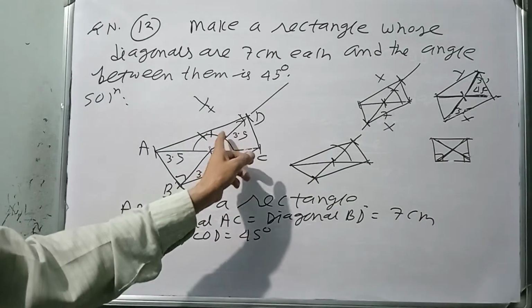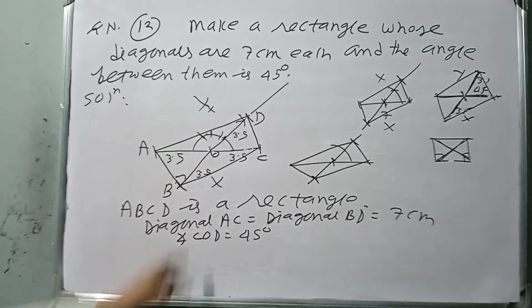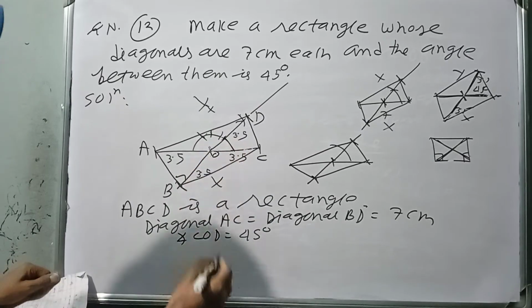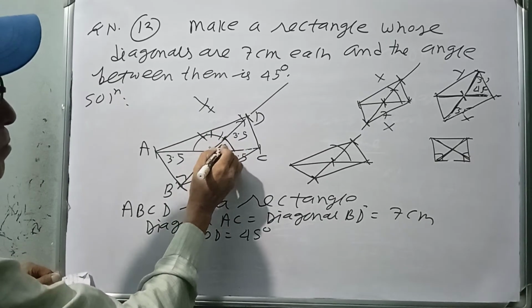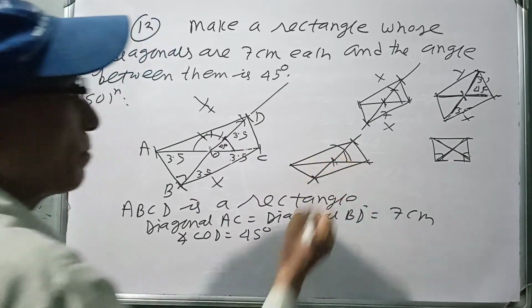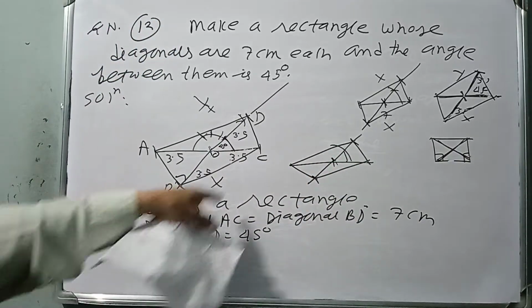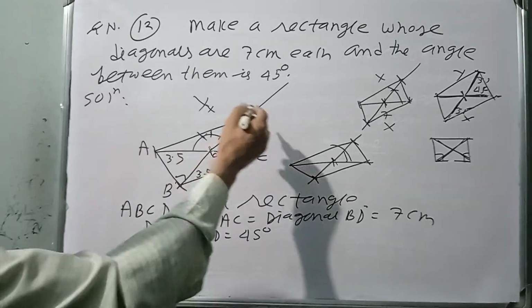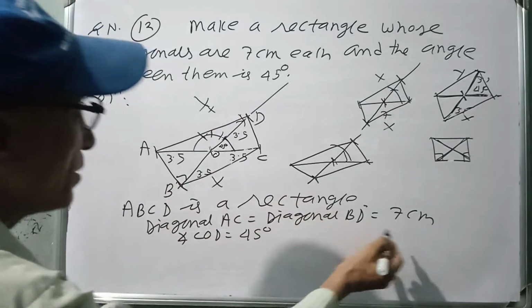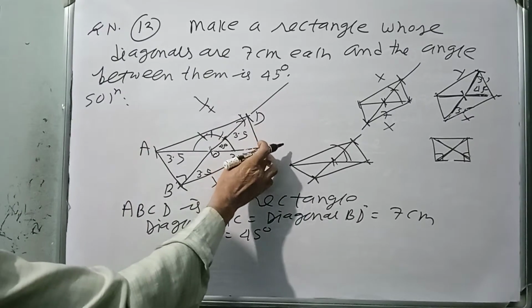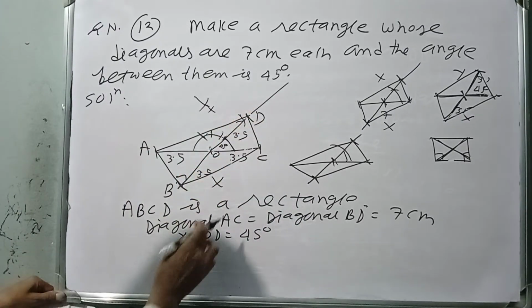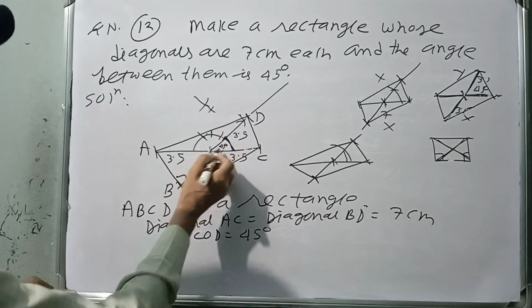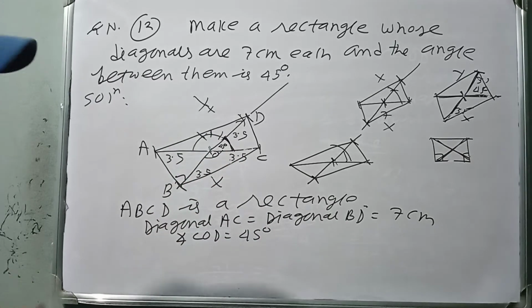The diagonals of a rectangle bisect each other, but here the angle is 45 degrees. So ABCD is the required rectangle where AC equals BD equals 7 centimeters and angle COD is 45 degrees. One angle is 45, this is 45, and this is 135 degrees.